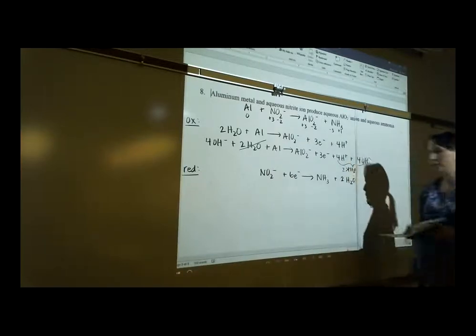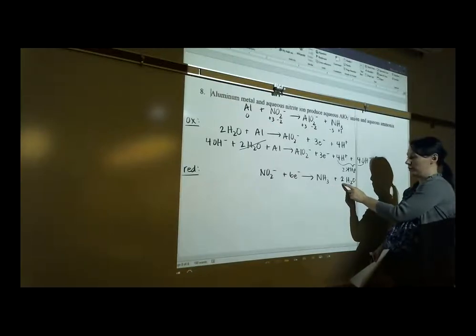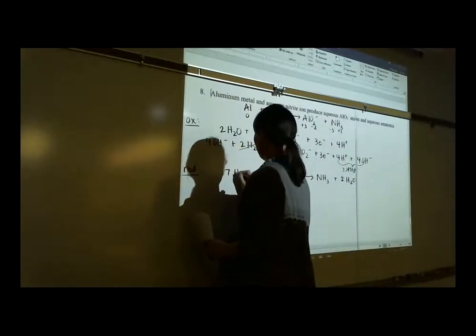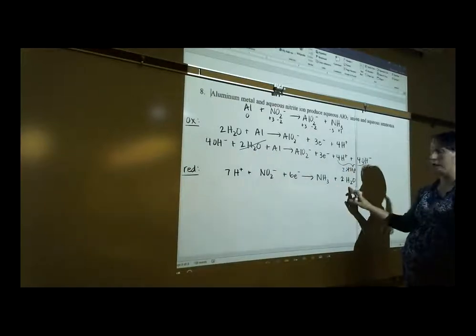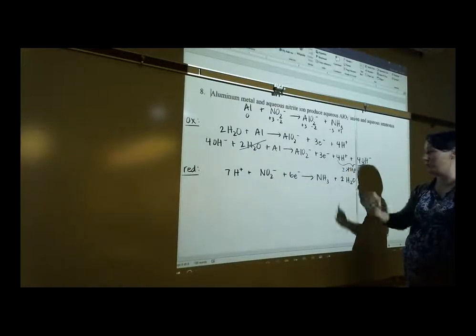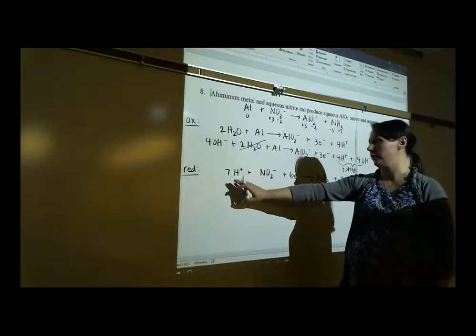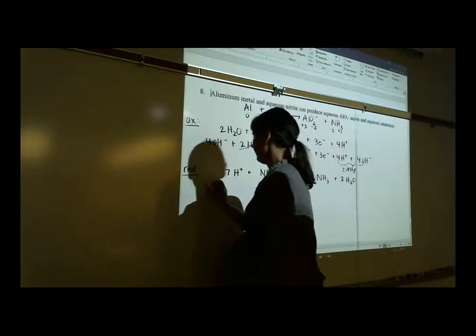So it would be 2H2O. Now in terms of hydrogens, I've got hydrogen here and I've got hydrogen here, right? So 2 times 2 is 4, plus 3 is 7. Because I've got hydrogen in the NH3 and I've got it in the water. So make sure you consider both sources. Now this is what it looked like if it were acid, but we know that it's base, so we need to add the equivalent amount of the hydronium and the hydroxide.